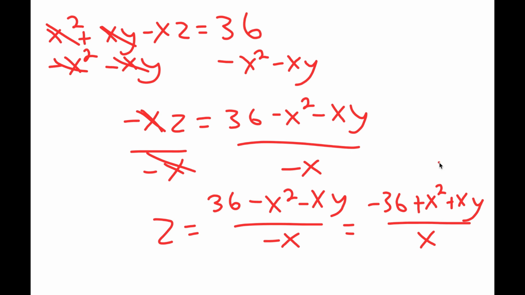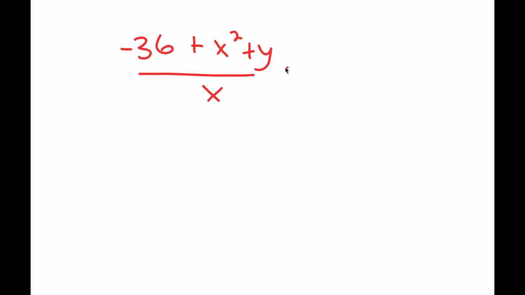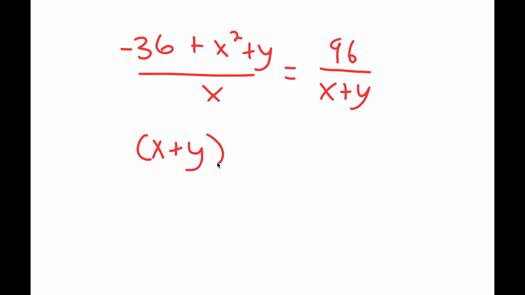Now after doing all of this, here are my final equations. I have negative 36 plus x squared plus xy over x is equal to 96 over x plus y, and x plus y times y is equal to 36.